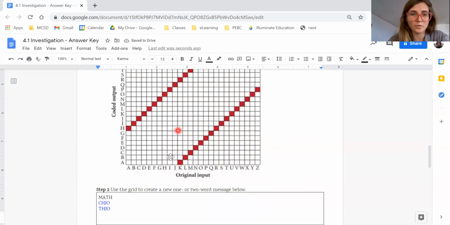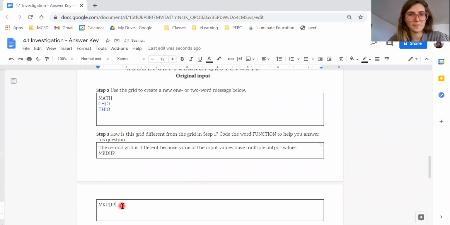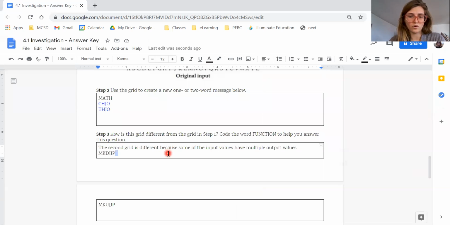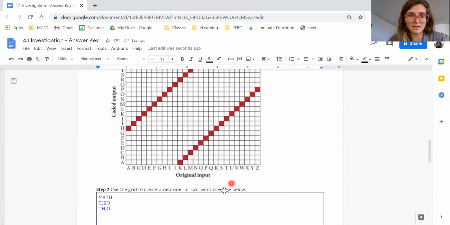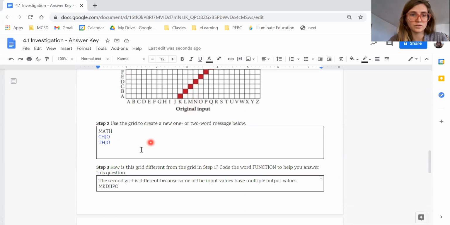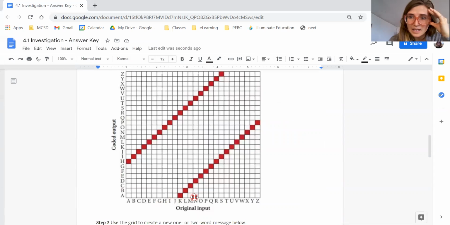I will code to P. O will code to E, or it codes to V. So O or V. And then N codes to D or to U. D or U. So I hope that helps reiterate the fact that inputs can have more than one output.